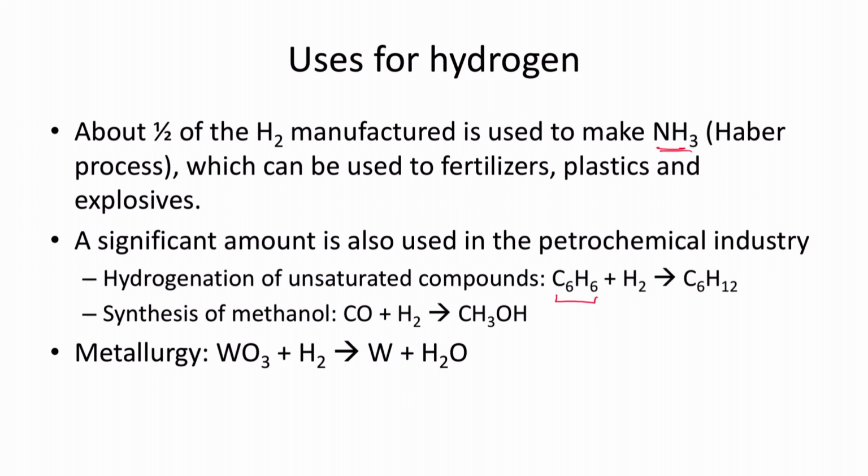Hydrogen also gets used in metallurgy to purify certain metals. For example, W here is good old tungsten. If I wanted to get pure tungsten, I can start with WO3, this oxide of tungsten, add H2 to it, and basically create water, but in the process liberate the free tungsten metal.